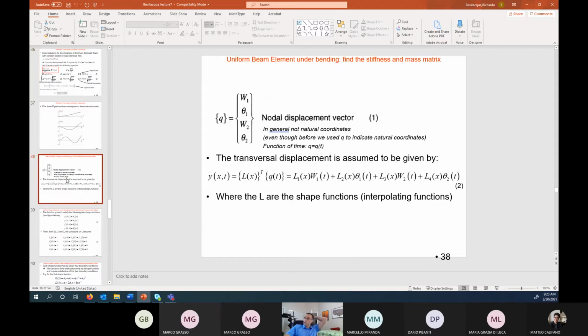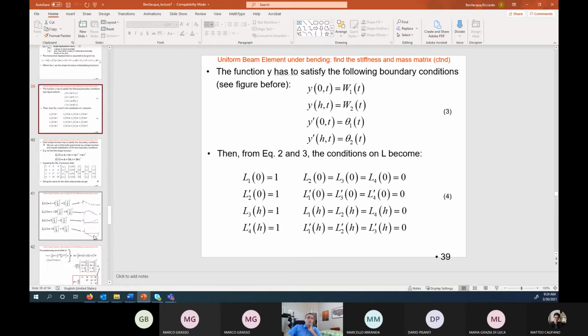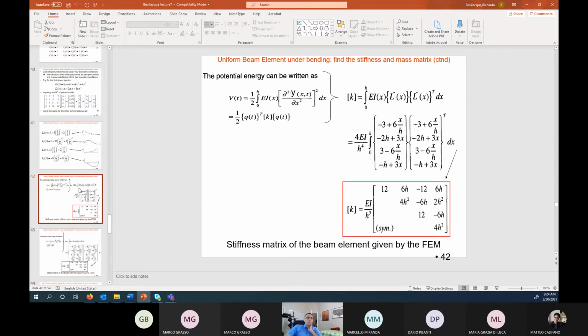But then I switched and I said, okay, I only care about these 4 variables, and I impose my solution, the same basically, but it's now only a function of the shape functions L1, 2, 3, and 4, and the displacements at those nodes. And from there, I can compute my stiffness matrix and mass matrix by imposing equality of potential energy and kinetic energy expressed in the continuum and in the discrete.